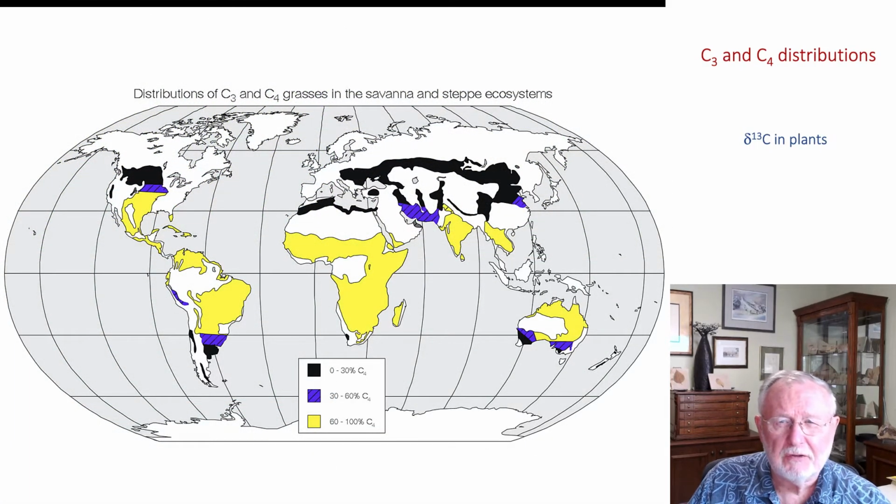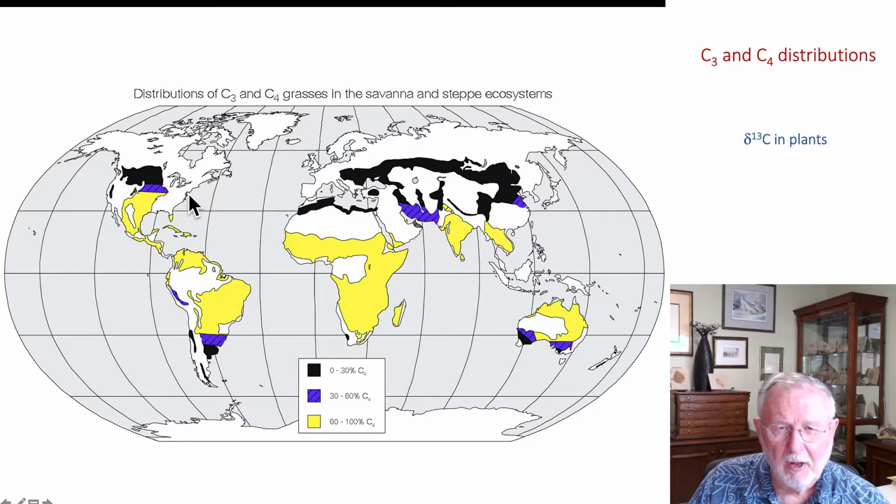The distributions of C3 and C4 plants in grasslands, savannas, and steppe systems show a very clear pattern. C4 plants tend to dominate in equatorial and subequatorial regions, whereas the more northerly regions and very southerly regions in terms of latitude tend to be dominated by C3 plants, with the landscape in between being a mix of C3 and C4 vegetation.